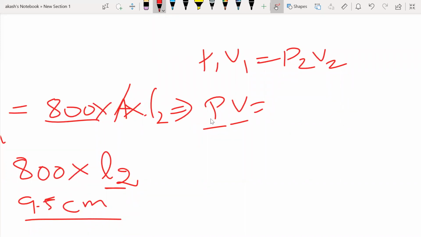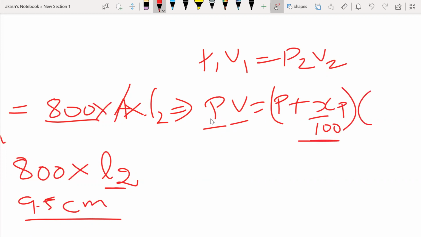There is X% increase in pressure, so I can say it is P plus X by 100 into P. This is the final pressure. Already some pressure was there. That pressure is increased by X%, X by 100 into P.